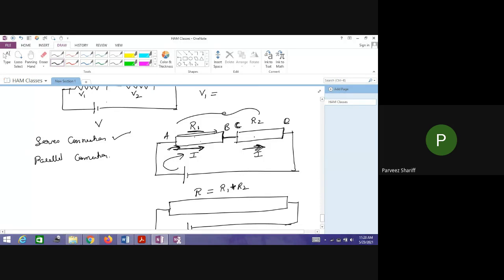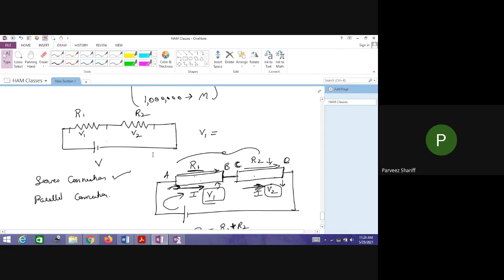But all the electrons, all the current will flow. It only restricts the flow. But here, the resistance is less, so with ease, it can cross this. It means the voltage drop, V1 and V2 here, will be more across the high resistance. Here, the voltage drop will be less because of the less resistance offered by the conductor.